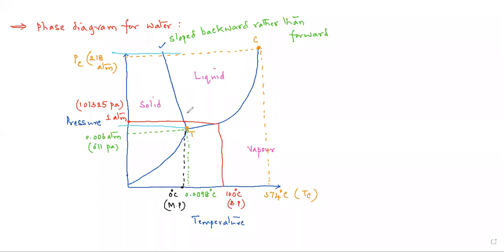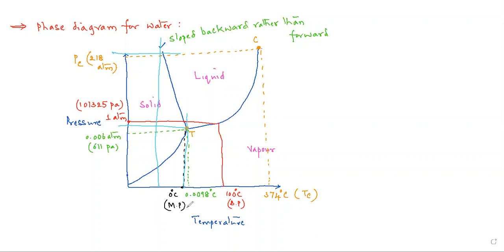The temperature is decreased if you observe the two values. It has sloped backward, and if you observe the pressure at a high pressure, the melting point is decreased.